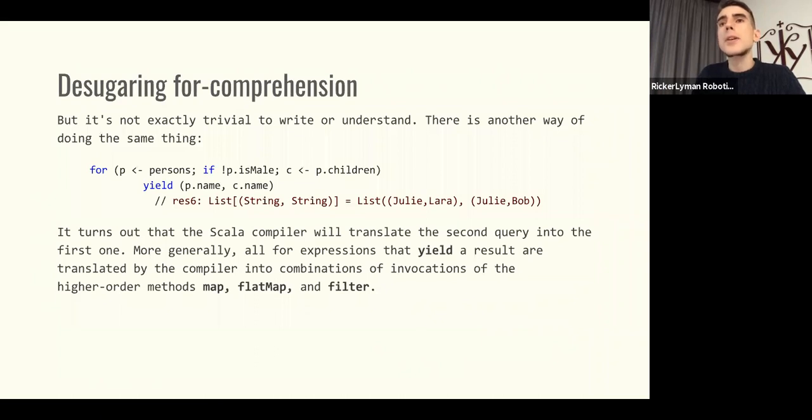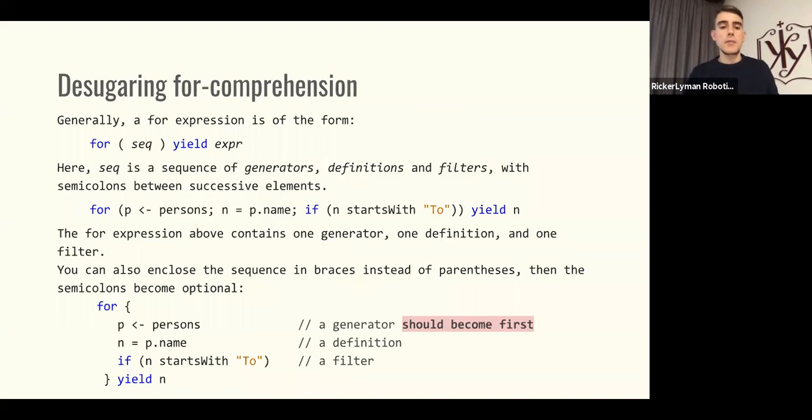Yeah. So what is the structure of for comprehension? You have a sequence of generators, definitions, and filters, and yield some expression.